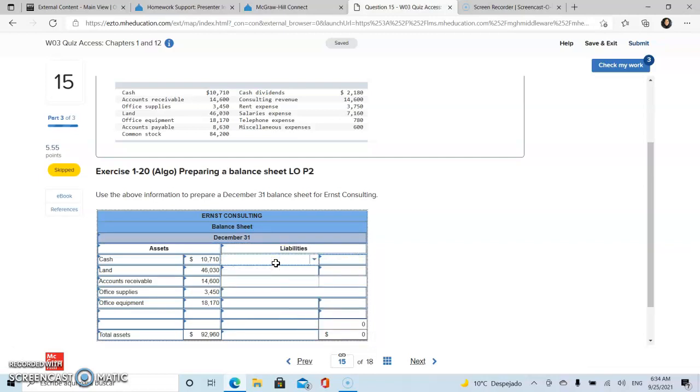In this case, we only have accounts payable right here. Perfect.